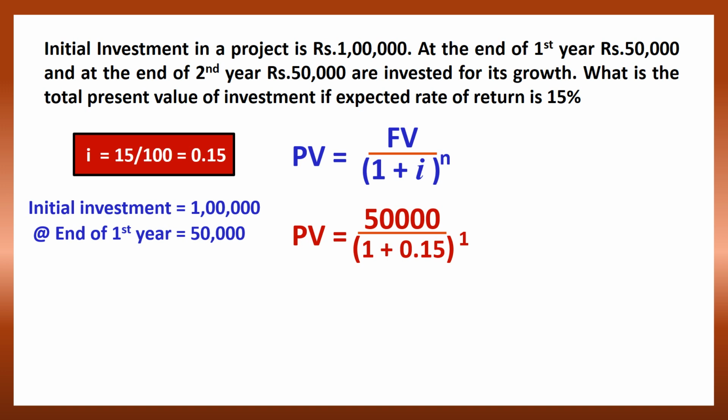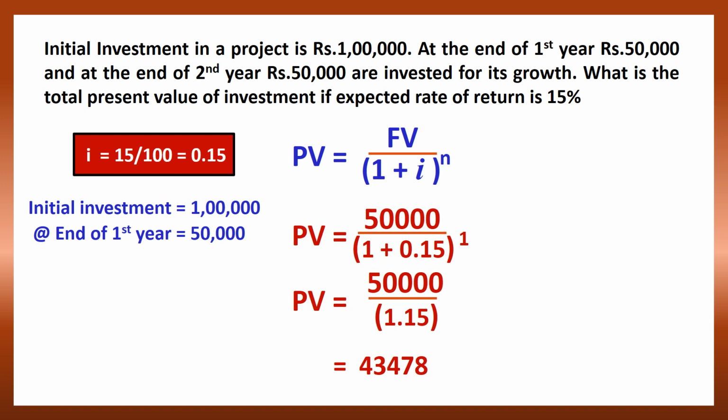This 1 is 1 year. So that is 50,000 divided by 1.15. So, present value is 43,478. That means when he invests 50,000 rupees after 1 year, it is just like investing 43,478 rupees now.